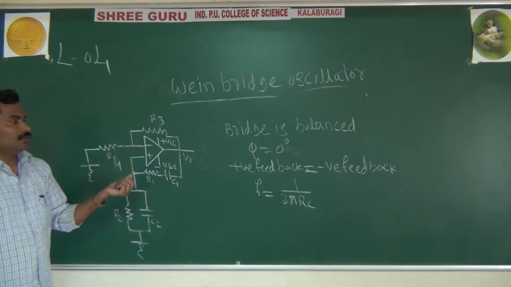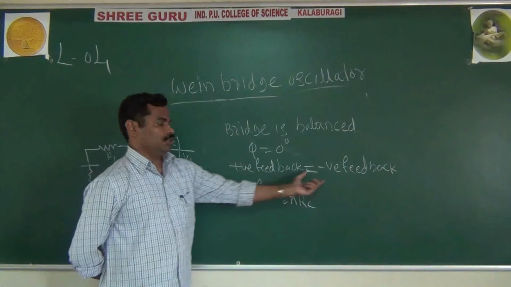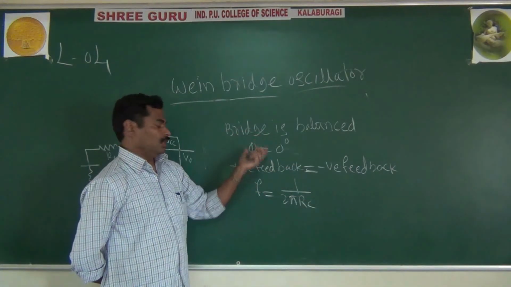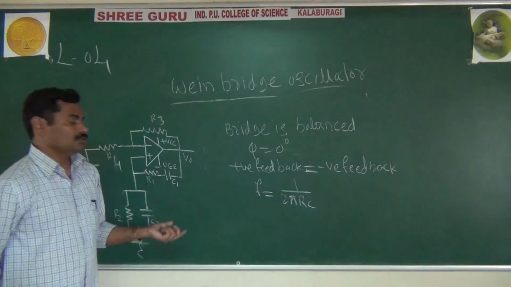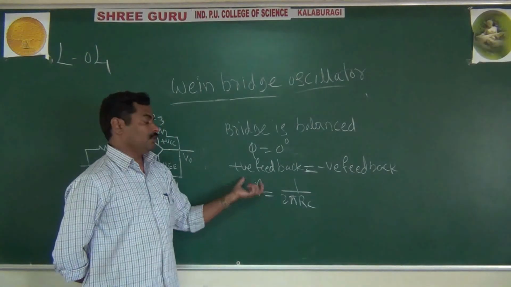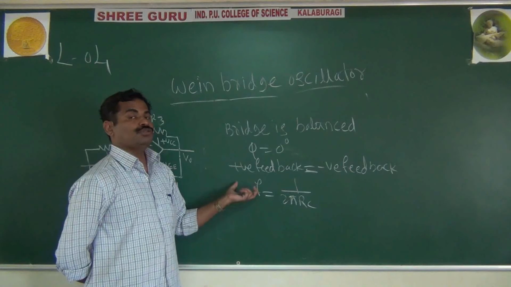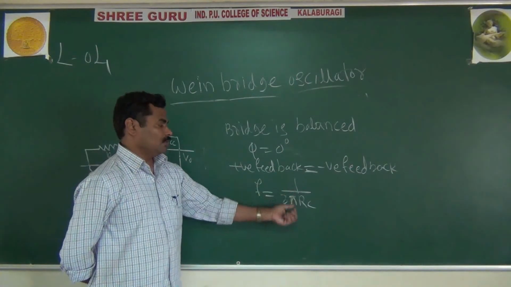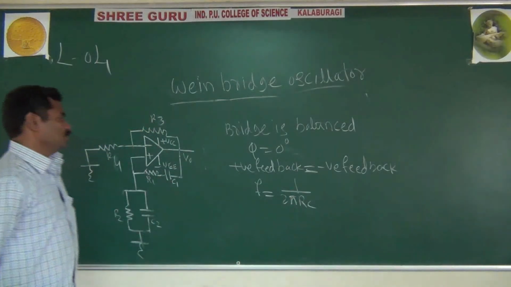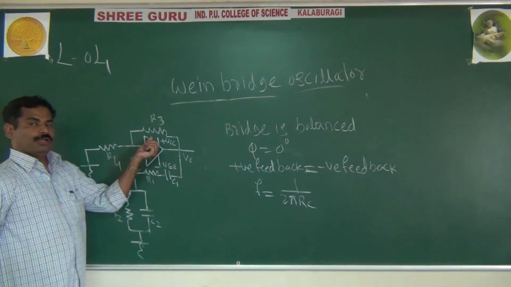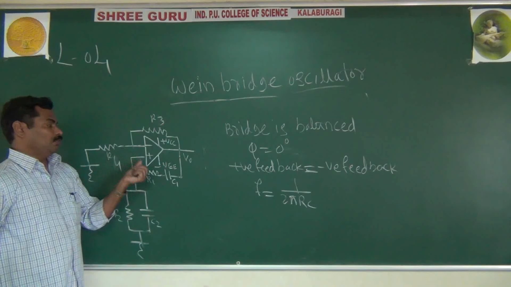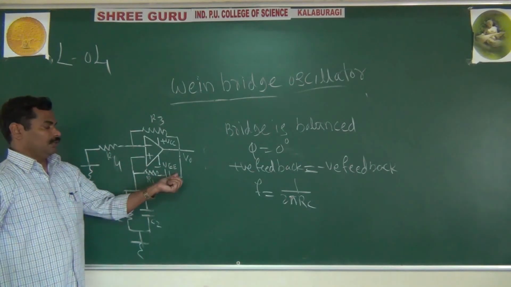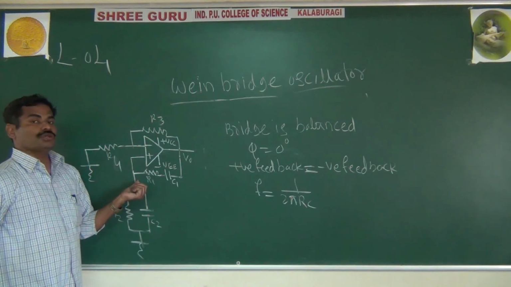Whenever the positive feedback balances with the negative feedback, that is the balancing condition of the bridge. In that condition you will have the sustained oscillation. The resonant frequency, that is the frequency of oscillation, is 1 by 2 pi RC. As I said, negative feedback reduces the distortions, and positive feedback gives the oscillations.